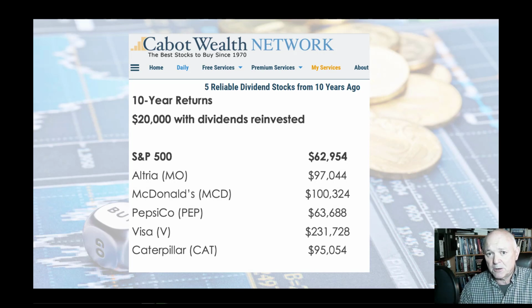However, if you would have put it into a high-yielding, high-dividend firm like McDonald's, it would become more like $100,000, significantly outperforming the average. Visa, $231,000, Caterpillar, $95,000, and so on.